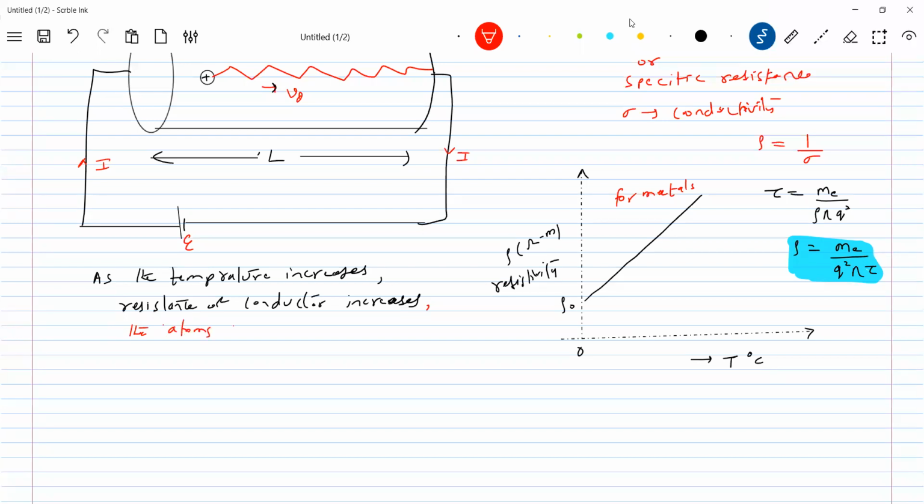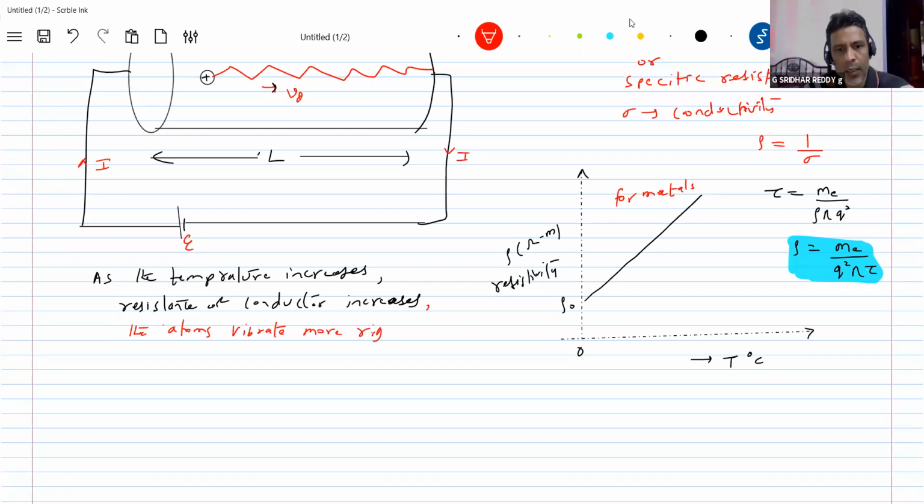The atoms vibrate more rigorously about their respective mean positions. This is one thing. So we'll write a note, so that you can observe: the atoms vibrate more rigorously about their respective mean positions.